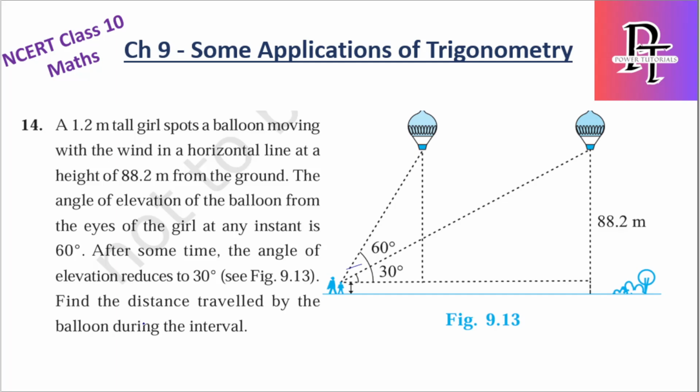Find the distance traveled by the balloon during this interval. The girl's height is 1.2 meters. From her eye, the angle to the balloon is 60 at this instant, and once the balloon moves to the other side, it becomes 30. The height of the balloon from the ground is 88.2 meters.